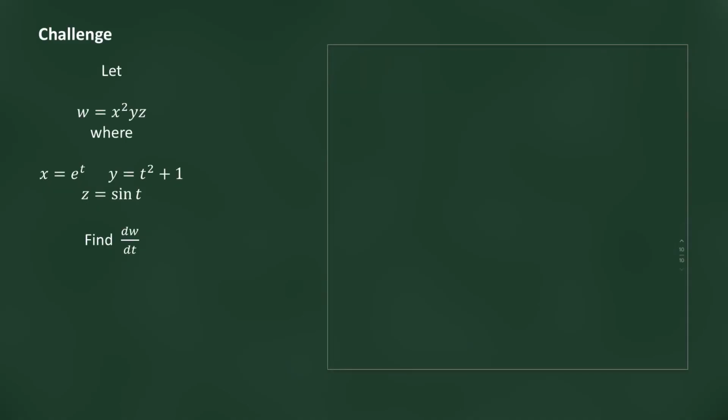All right, for this last one, we've got a little bit of a challenge because we've got a lot of variables floating around. So we're looking for dw/dt, but notice that w is a function of 3 variables this time. So when we draw our dependency diagram, we see that x, y, and z all depend on t, and then w depends on the 3 of those. So we're going to have 3 terms in our derivative.